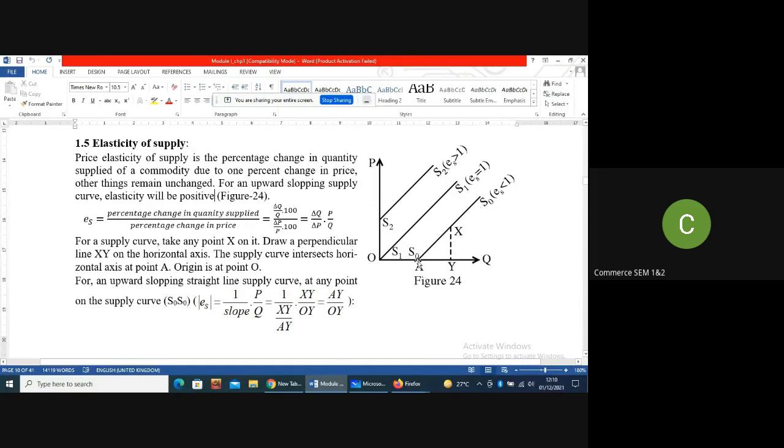So for this supply curve S0, at any point on the supply curve, like point X, elasticity will be equal to 1 by slope multiplied by price into quantity.